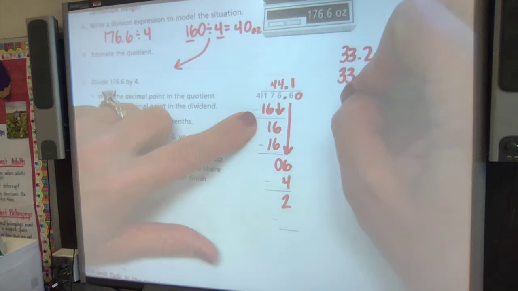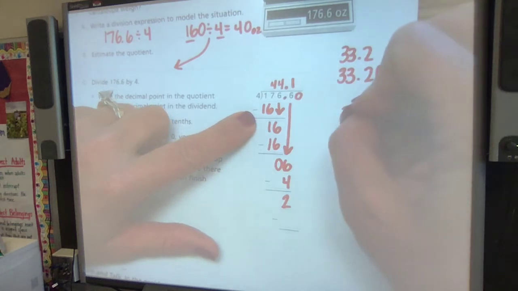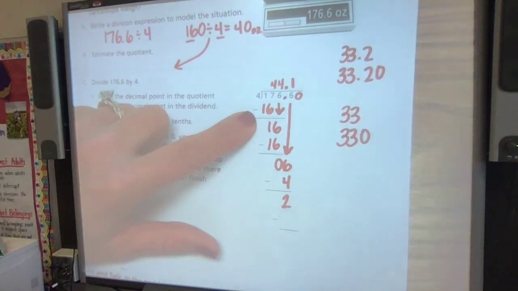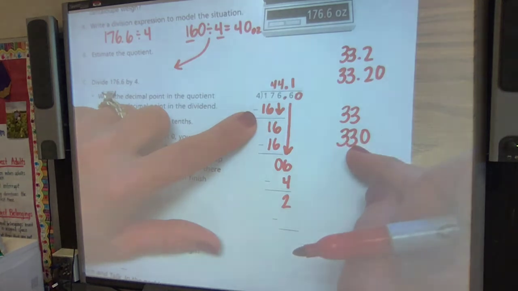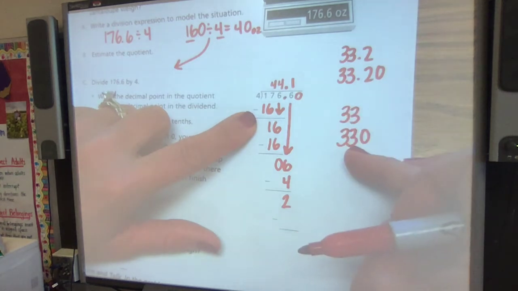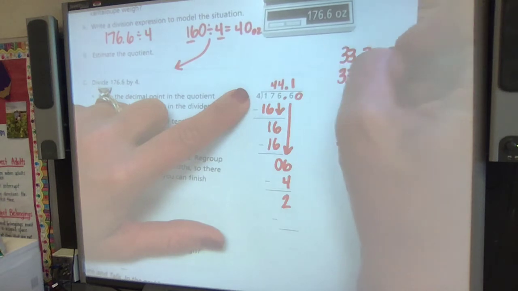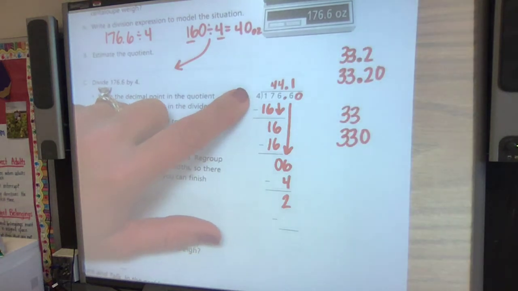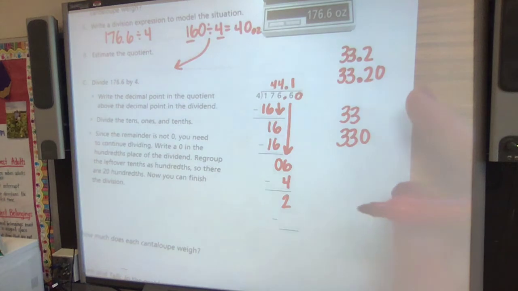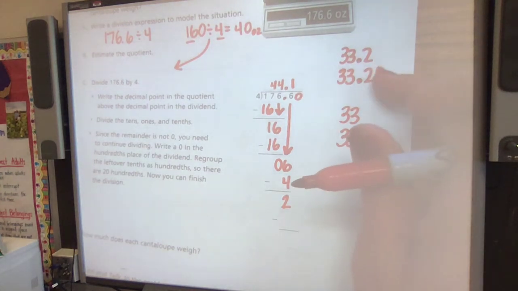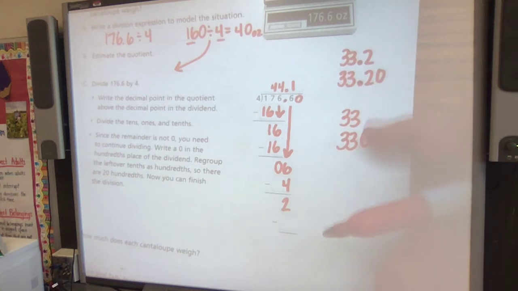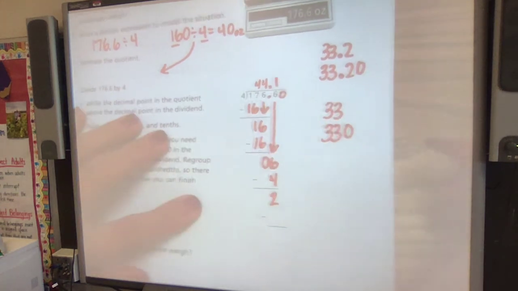Now, if I had 33 and put a 0, yes, that's changing the value. 33 is not the same value as 330. I'm talking about doing it after the decimal. So you can't always just add a 0 to something, but in these decimals you can because the value's not changed. Here, the value will be changed.